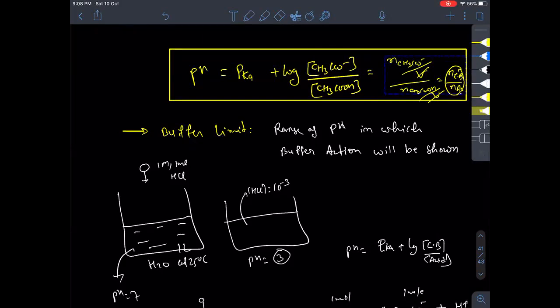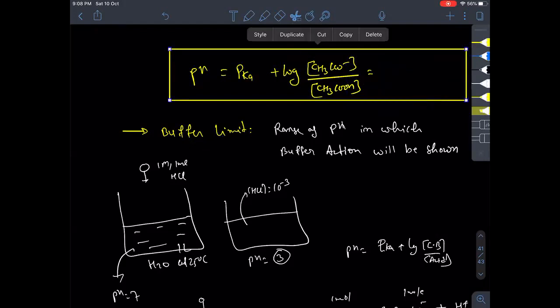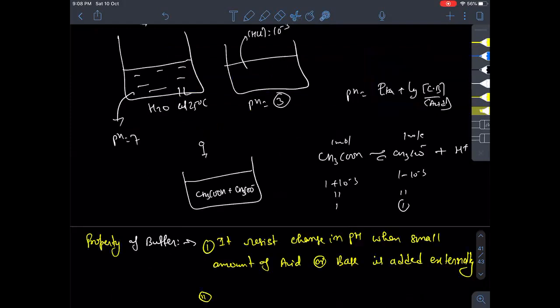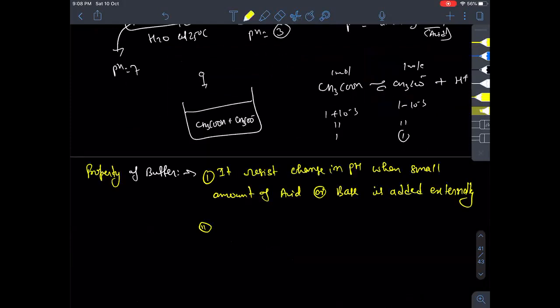So that's why we can say that it is independent of the concentration. The pH of this is independent of dilution or concentration, right? So pH is not affected on dilution. Whenever I say all these words, it doesn't mean that you should go to extremes.